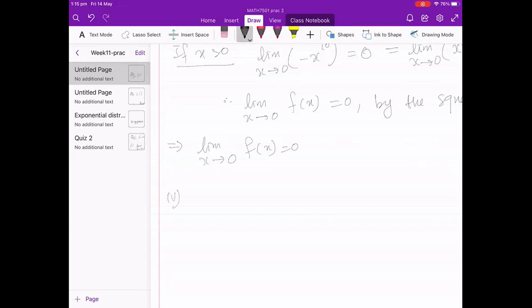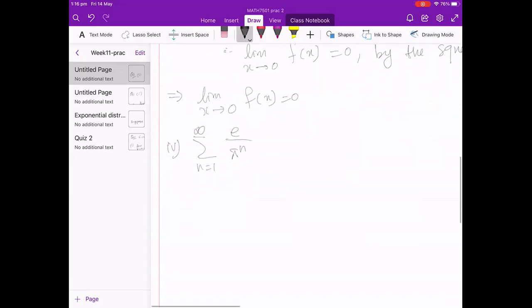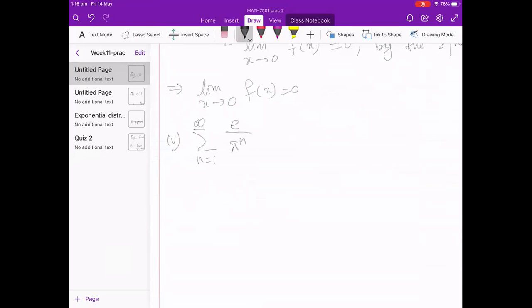The next part, the sum from n equals 1 of e to the power pi over n. How would you evaluate this? What's the approach you are going to use? Anyone?